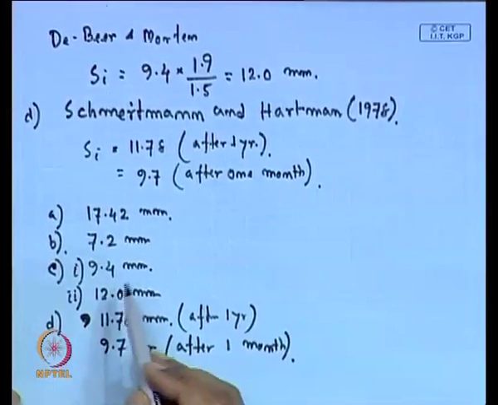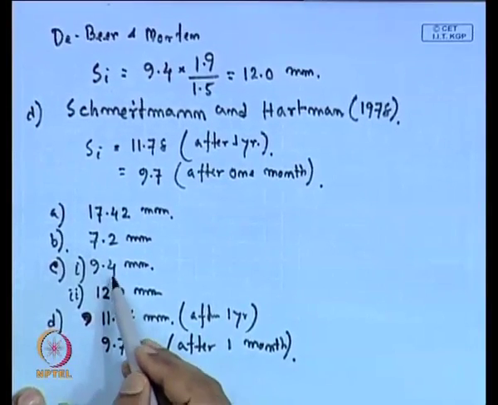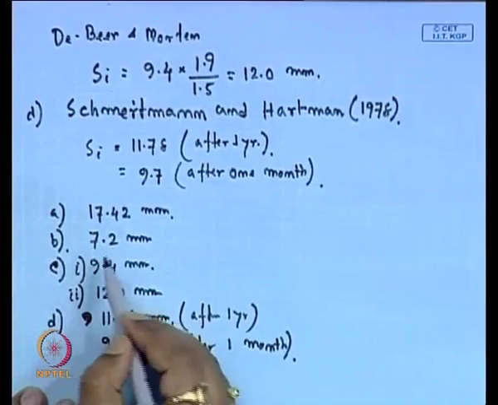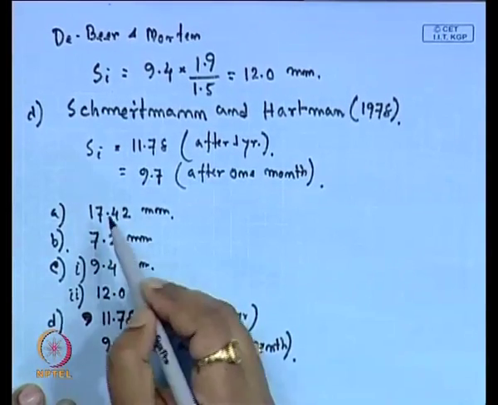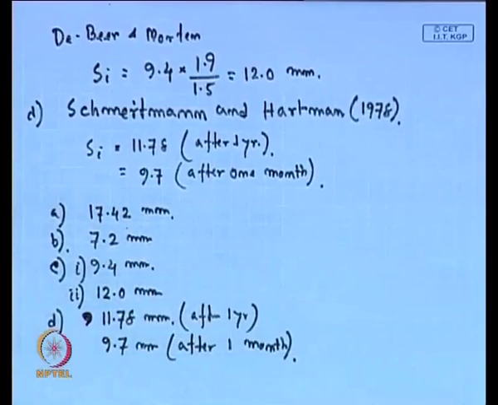It is also obvious that the Meyerhof theory gives lesser settlement than De Beer or Morton, but the maximum one is given by the elastic theory.